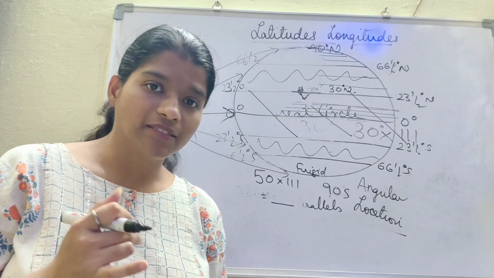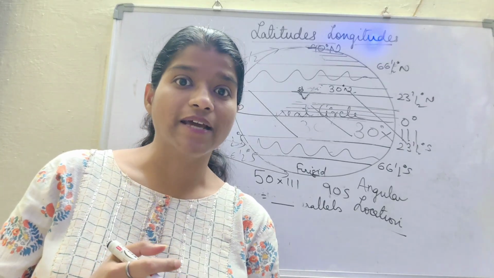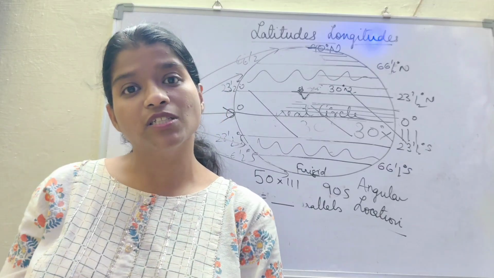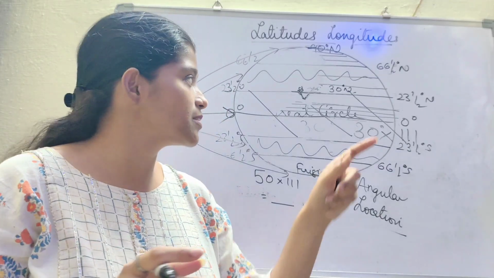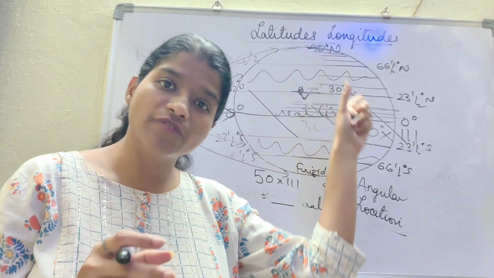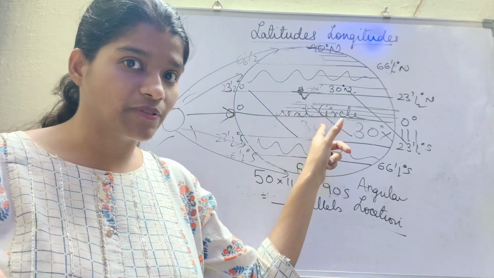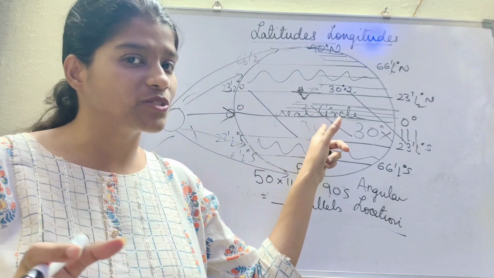And the third importance of latitude is that it tells us which place comes in which heat zone, whether the torrid zone, temperate zone or frigid zone. The torrid zone receives the direct rays of the sun throughout the year, so the temperature here is very high.